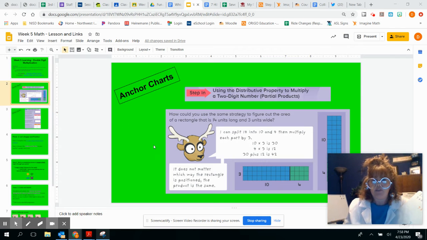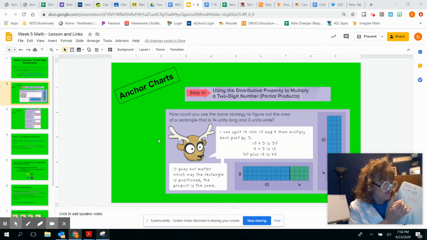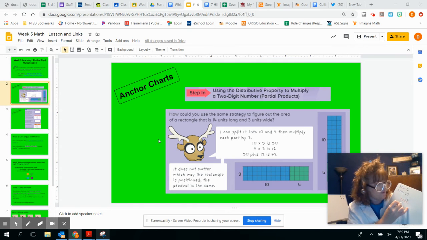The next thing here you see is how we use partial products. In the partial products, if we have this problem, 3 times 25, well, we know this is 2 tens and 5 ones. So we go 3 times 2 tens, 3 times 20. We know that from up above. We know that is 60.